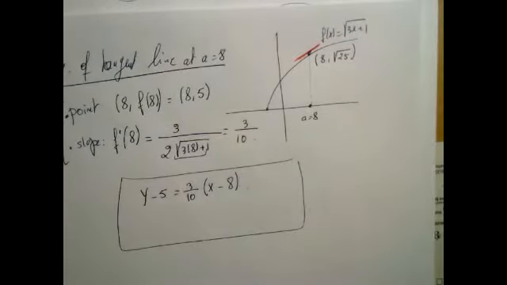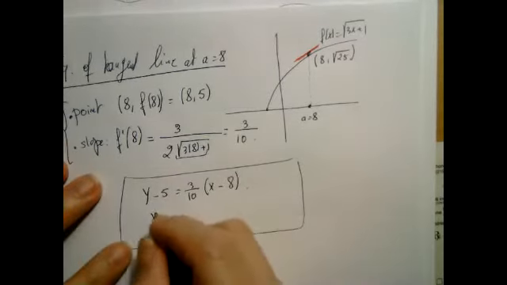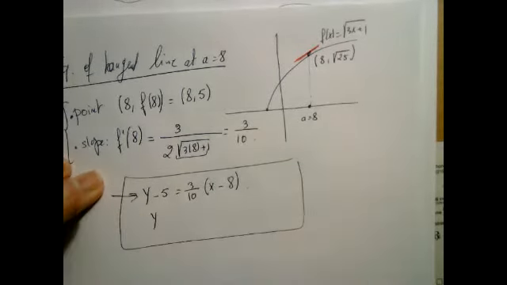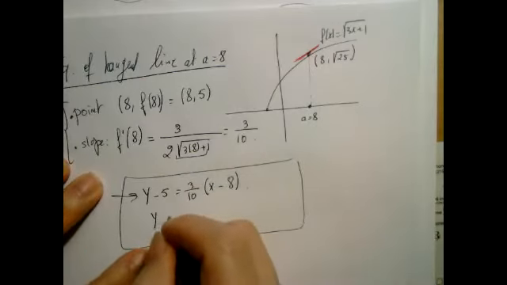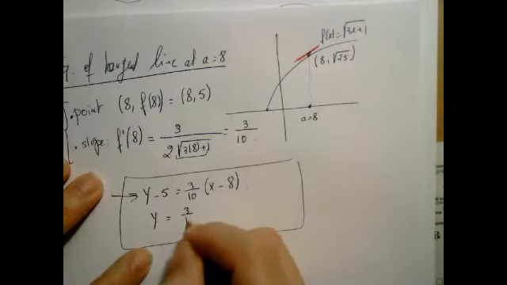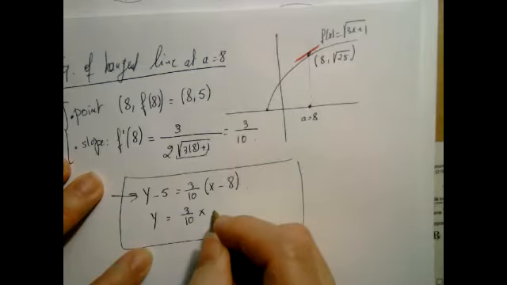Okay, and then the rest we just simplify a tiny bit. Usually if you leave it like this, it's fine with me. Personally I'm all right with it, but I think my lab wants you to simplify it.